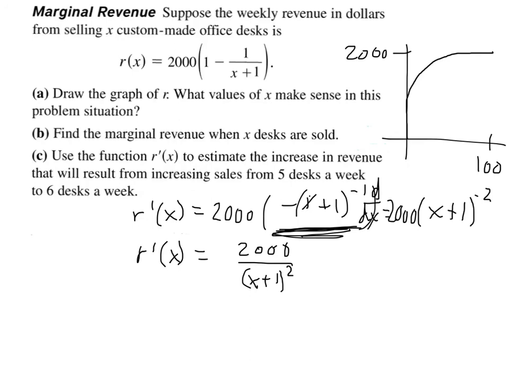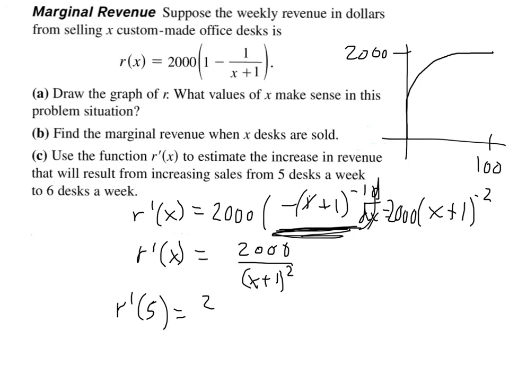Now use this function to estimate the increase in revenue that will result from increasing sales from 5 desks a week to 6 desks a week. So what we're really asking here is, what is R prime of 5? How is this changing at 5 when we change to 6?